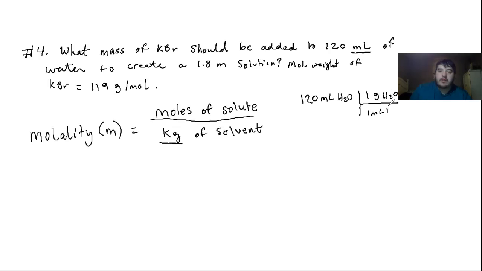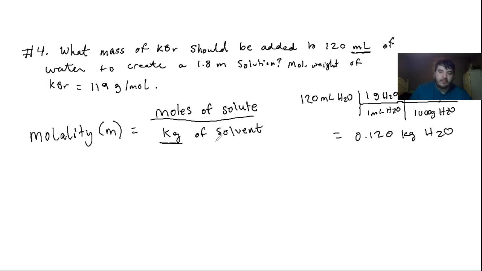Now we can easily convert grams into kilograms, since 1 kilogram is equivalent to 1,000 grams. When we calculate this, we get 0.120 kilograms of H2O. So we've already found the bottom of this fraction: the kilograms of solvent is 0.120.